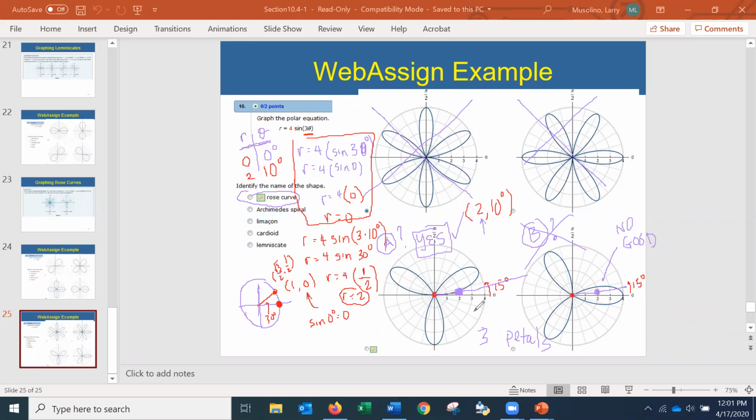What we did is we came up with arbitrary values of theta, figured out the corresponding value of r, and plotted a couple of points on the graph. When you do that, it should eliminate the choice that doesn't match up, and it should match the correct choice.